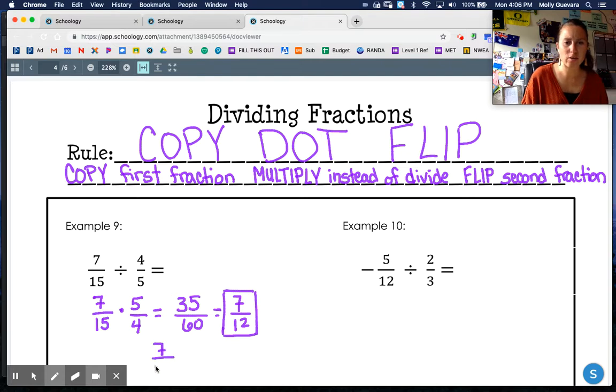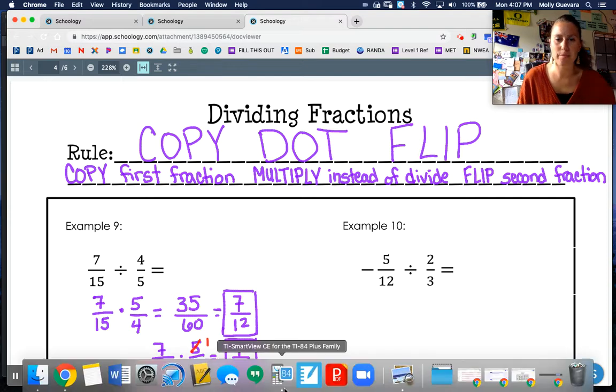With 7 over 15, you can reduce first by cross-canceling with 5 over 4, seeing that 5 goes into both of these. 5 goes into 5 once, 5 goes into 15 3 times. So 7 times 1 is 7, and 3 times 4 is 12. Either way, whichever way makes sense to you, that's the way you should do it.